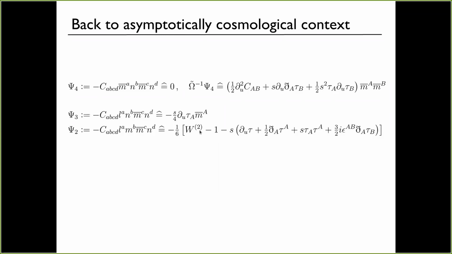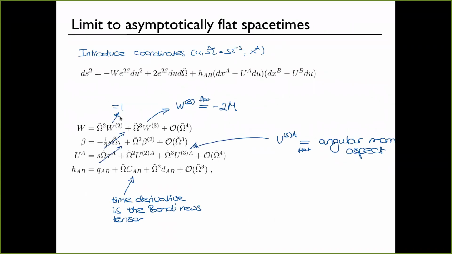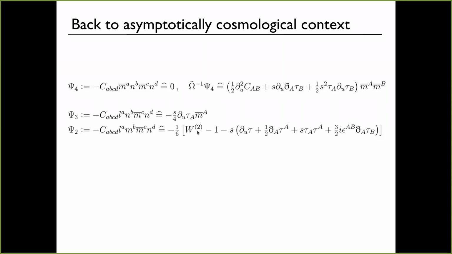And W2, as I told you, right, W2 is exactly equal to 1. So this one cancels with that one, and this is indeed 0. And here it's not the case, right, because we have all these tau terms appearing. And these tau terms are exactly those matter terms.